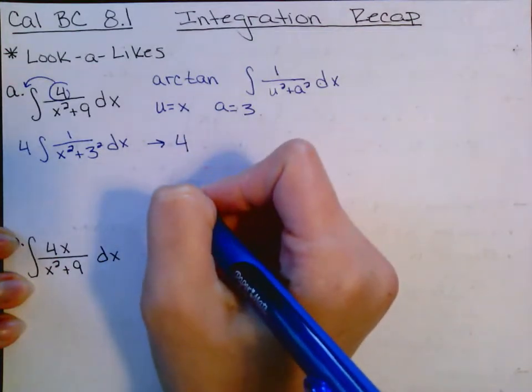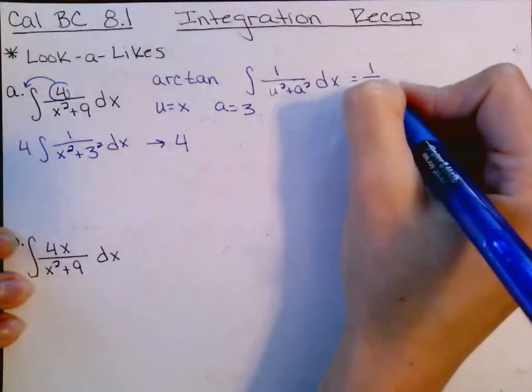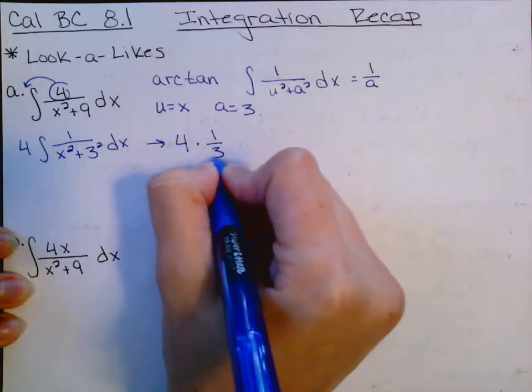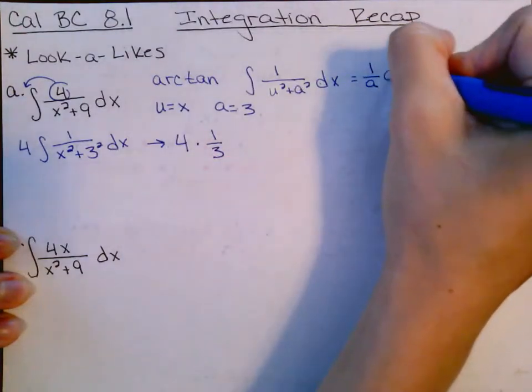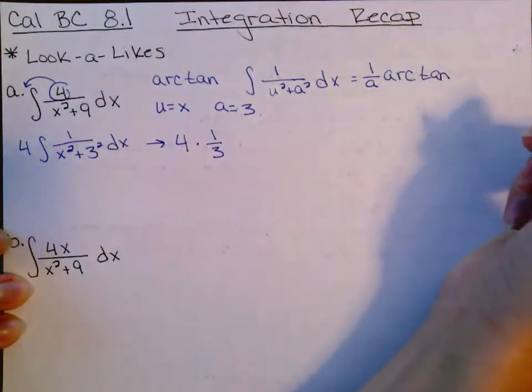And now the rule for arctangent is 1 over a, right? So I have times 1 over 3. And then arctan of u over a.